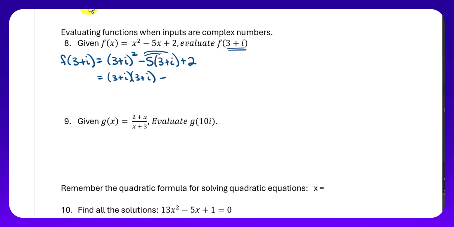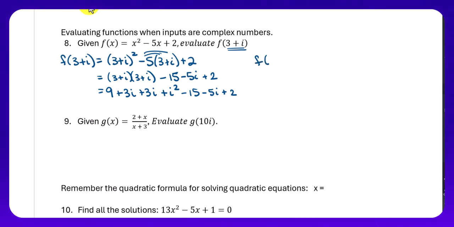This is going to be a minus 15 minus 5i. And then there's a plus 2 on the back end. So here for this distributing, 9 plus 3i plus 3i plus i squared minus 15 minus 5i plus 2. And now it's just a lot of cleanup there.